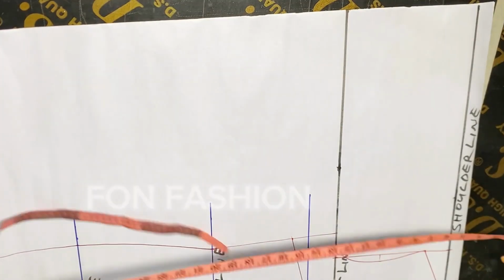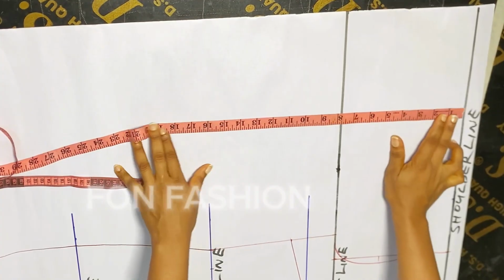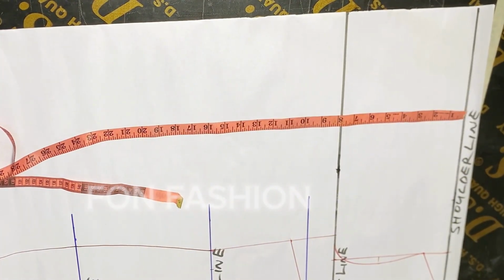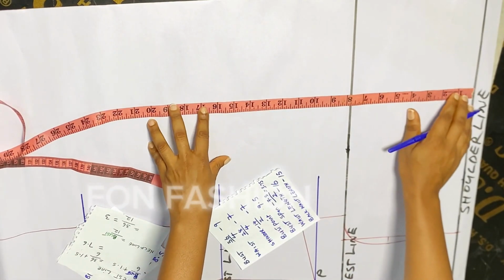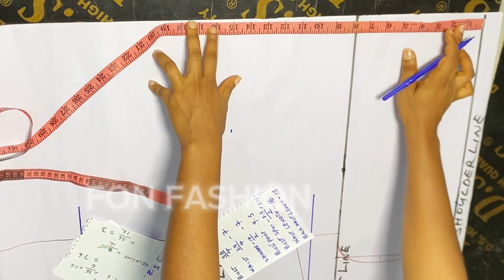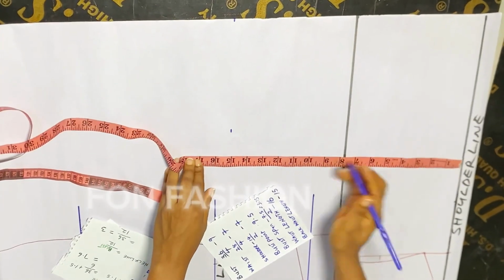So go ahead to mark the shoulder to chest line, then the shoulder to the waistline, and the back waistline is 15. So go ahead and mark the back waistline as well.